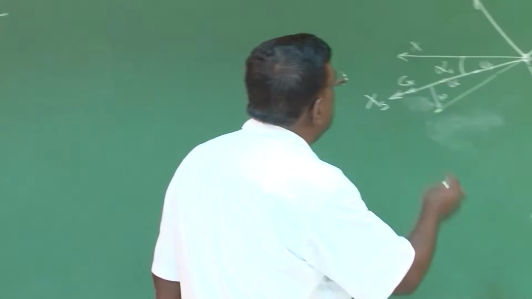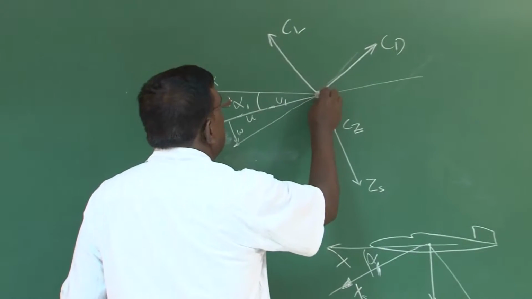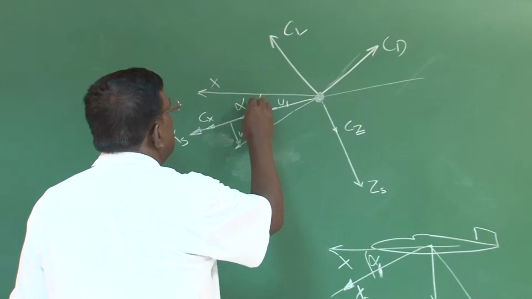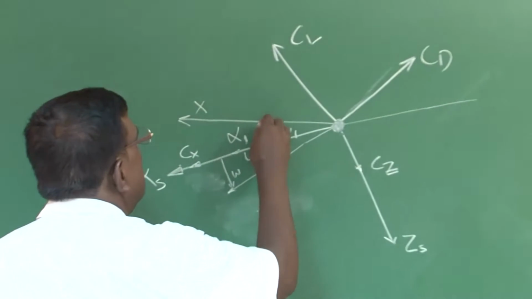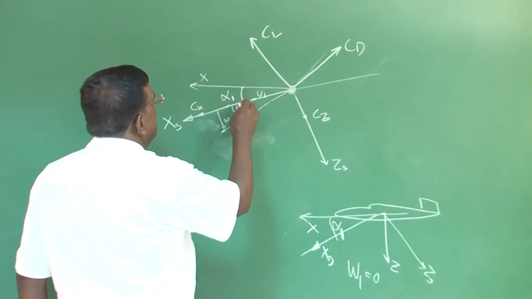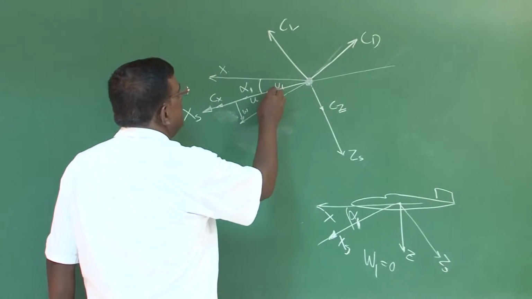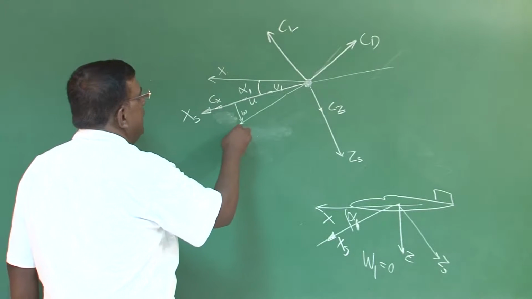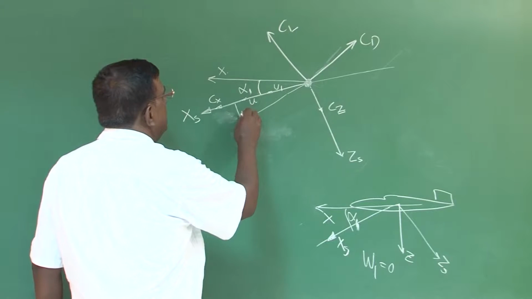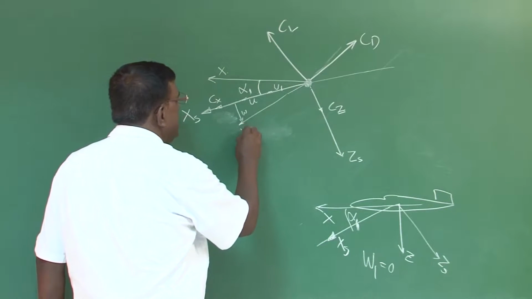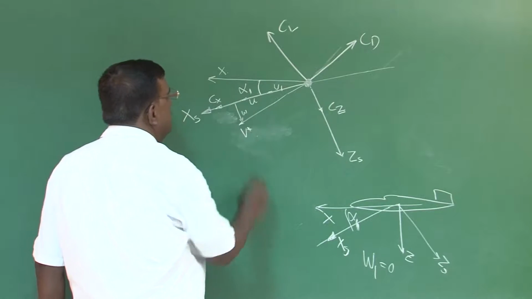If I draw this diagram for more clarity, this is alpha 1, this is the x I was showing here, and this is the perturbed u, with the steady state value u1 along the xs direction. Because of the disturbance, the total velocity direction will change, let's say V star.